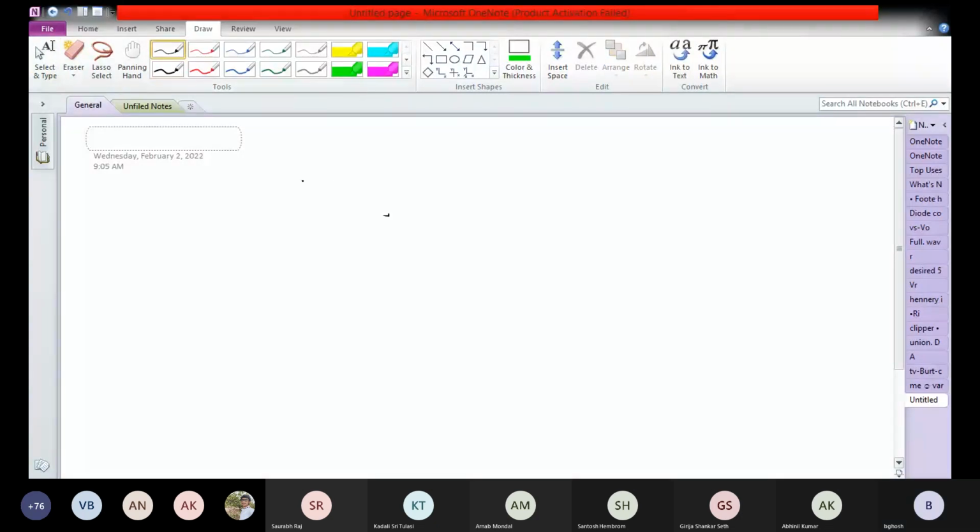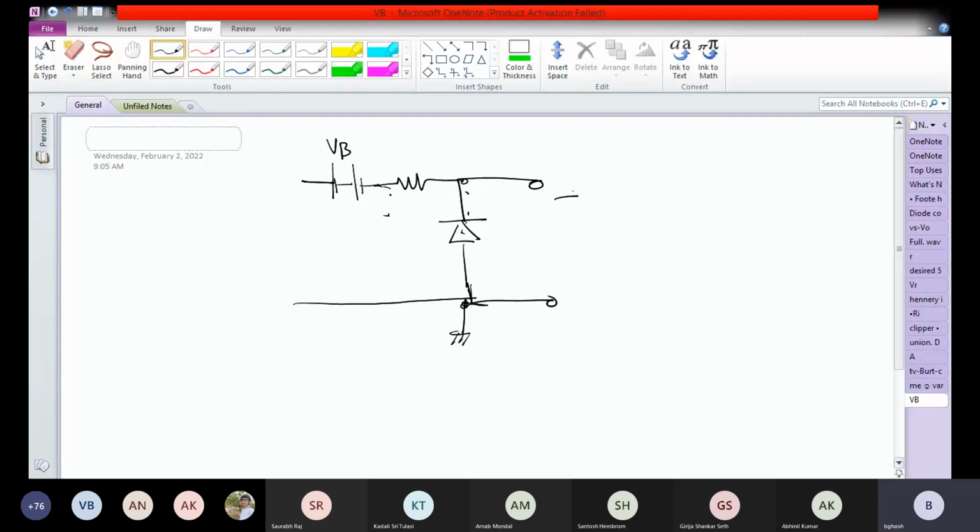For example, if this is my source, and let us say there is an R and there is a diode. So this is my plus side and this is the minus side of VB. This is my R. And this is my input voltage Vi.